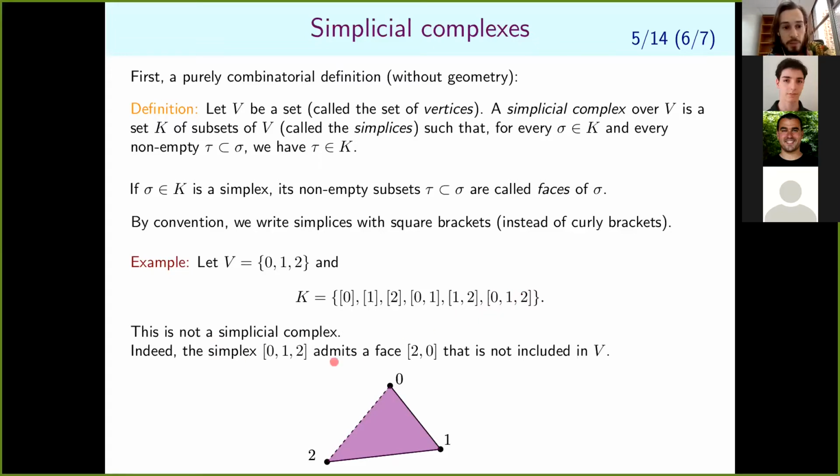As you can see, 2, 0 is a subset of 0, 1, 2, but 2, 0 is not in this simplicial complex K, not in this set. So K is not a simplicial complex here. And I draw that by drawing a dashed edge.